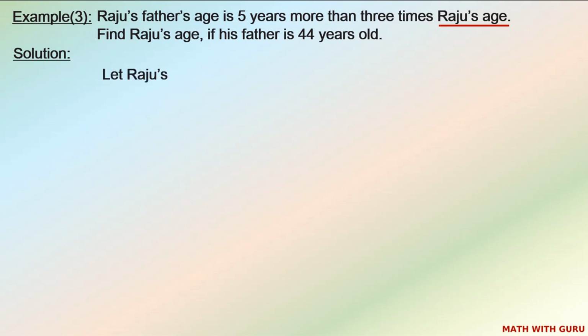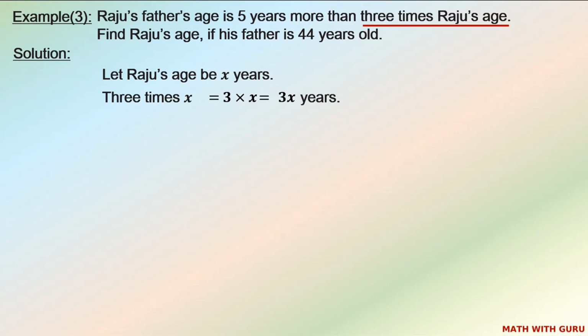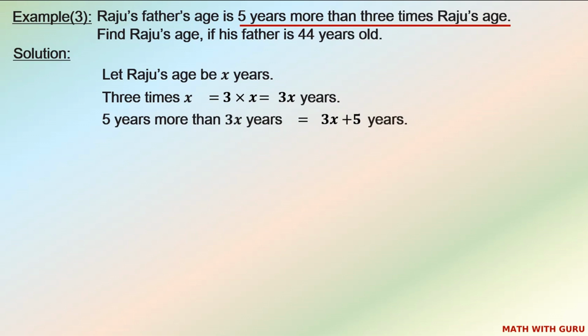Therefore, let us take Raju's age as x years. 3 times Raju's age, that is 3 times x, equals 3 into x, which is equal to 3x years. 5 years more than 3 times Raju's age, 5 years more than 3x years equals 3x plus 5 years.